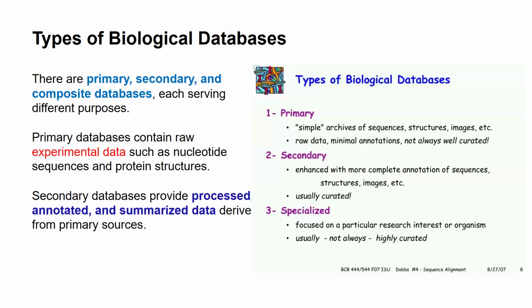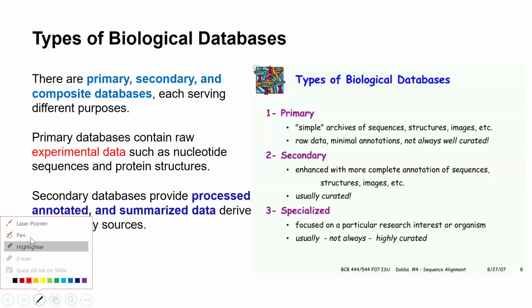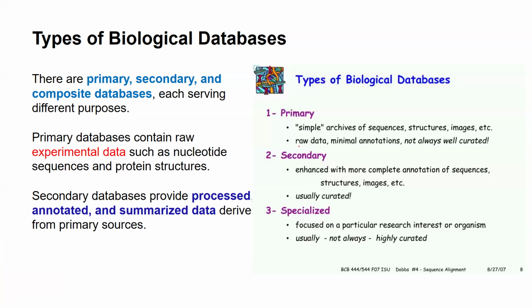And very importantly, you should understand that the primary database is raw data with minimal annotations and not always curated. And then the secondary database is enhanced with more complete annotation of sequences, structures, and images.